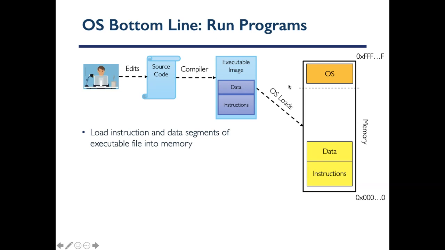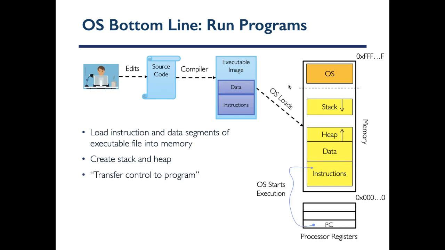Now, the first thing, the operating system loads instructions and data segments to the memory. Next, we need to create a stack and heap for our programs to run. Then the operating system transfers control to the program.